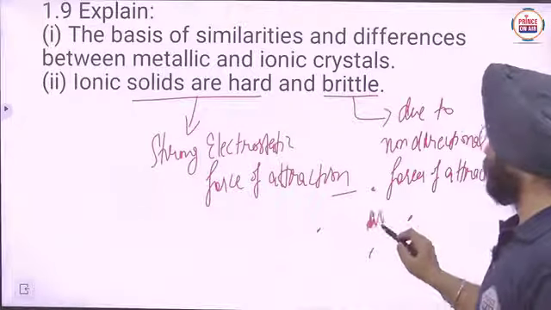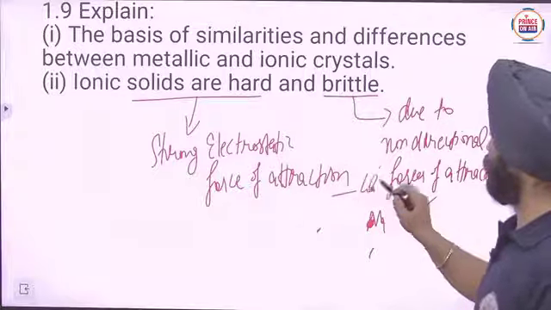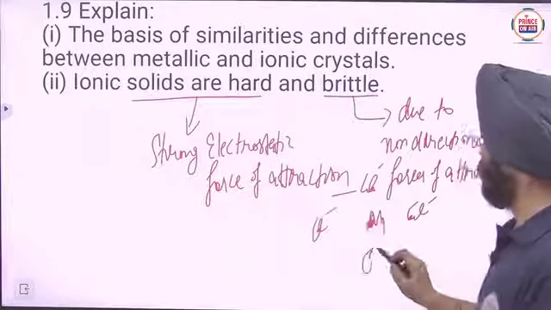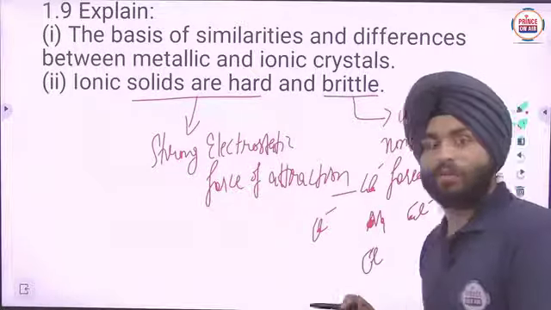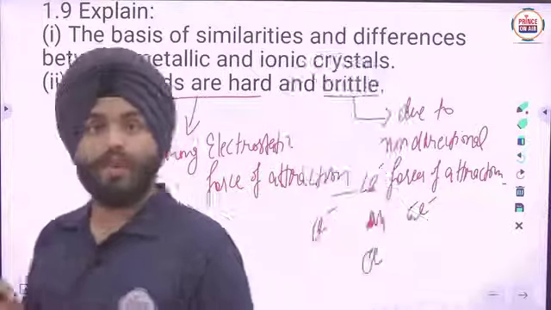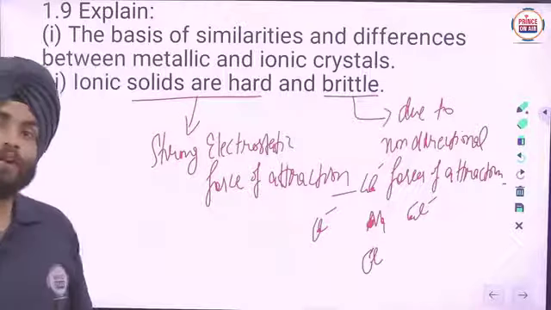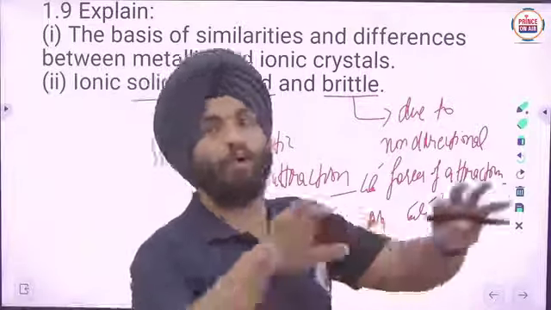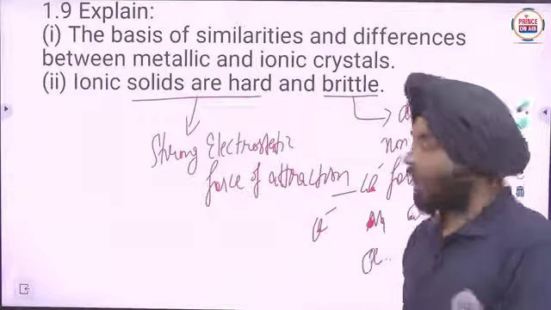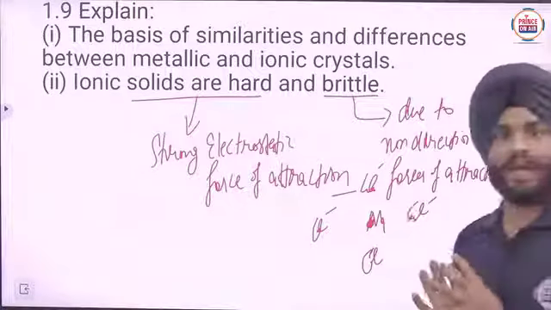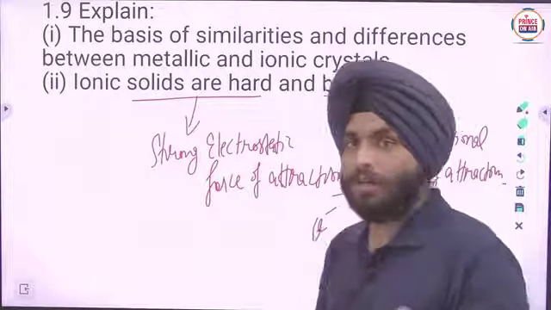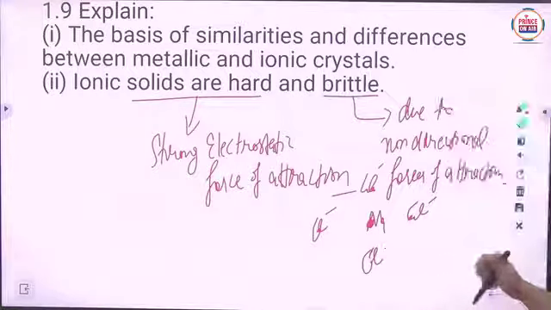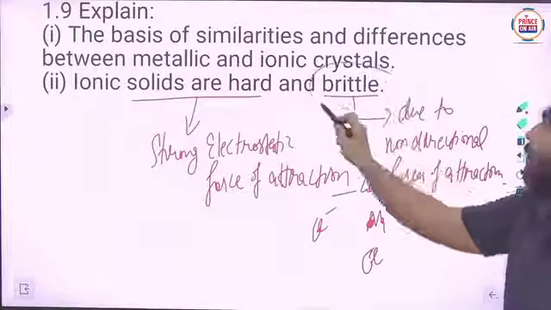Like here it is sodium, it is chloride, and front side also chloride, back side also chloride. So sodium will have a similar type of force of attraction with all these chloride ions. So it will not have any particular directional nature, and that's why it is brittle in nature.